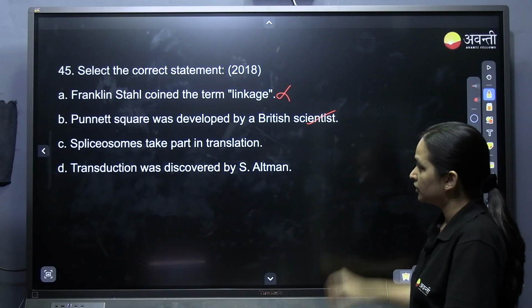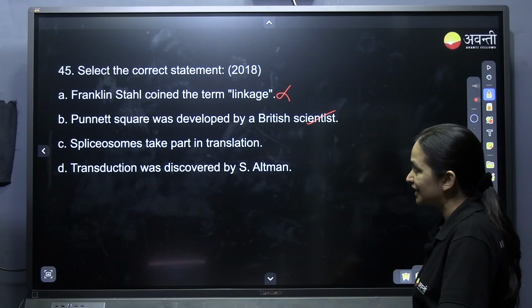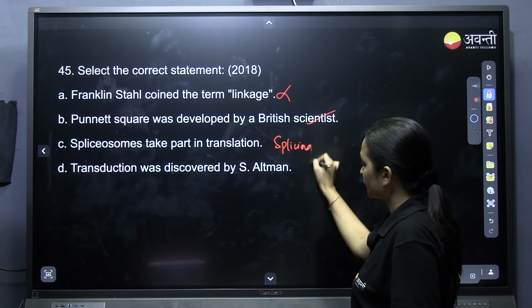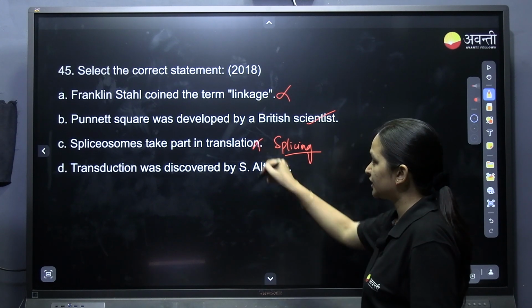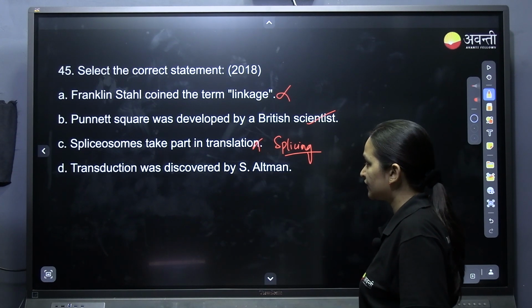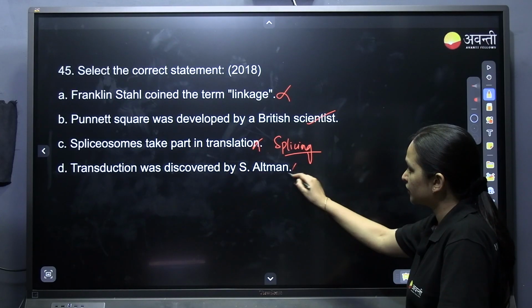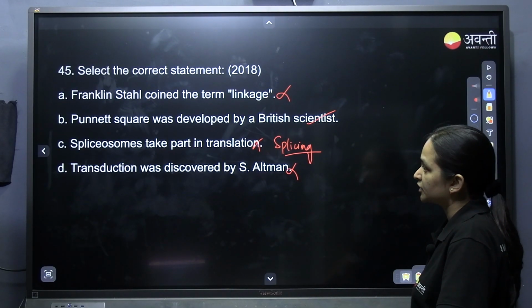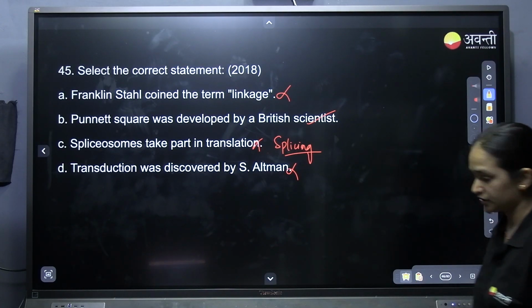Yes, it is true. Spliceosome takes part in translation. No, in splicing. Spliceosome you can see in splicing, not translation. Transduction was discovered by S. Altman. No, it was not. So we got the answer B for Bombay is the correct answer, that is, Punnett square was developed by the British scientist.